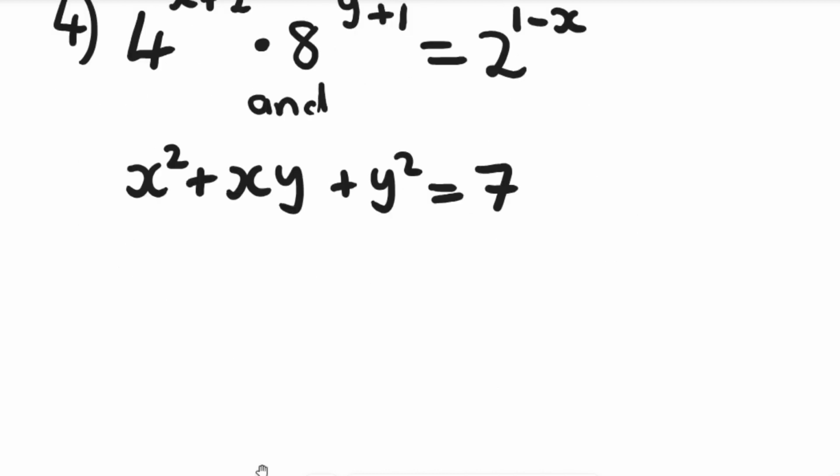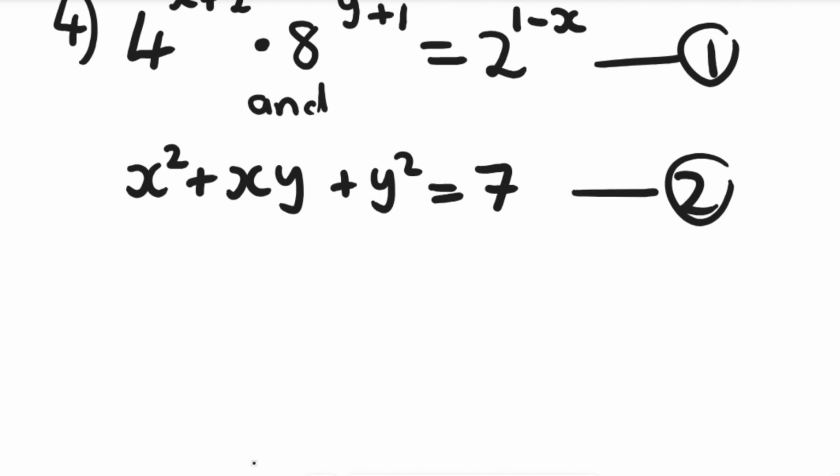We proceed and say, okay, let's name it equation 1, and let's name this one equation 2. So from equation 1, what we have is we write 4 as 2 squared, but if you don't know how to get that, you know the calculator shift fact, right?